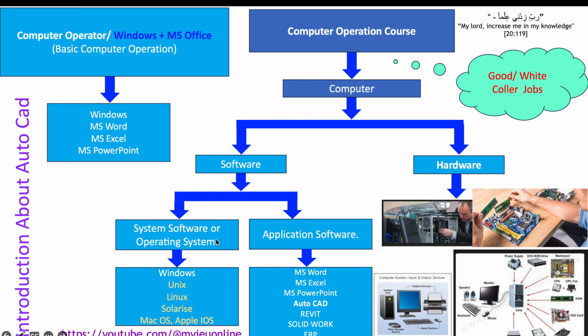This is the system software, and the application software is a very wide type. There is a lot of application software available in the market. The application means the use. For every use we have separate software.